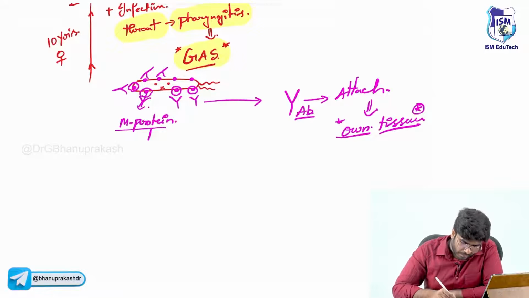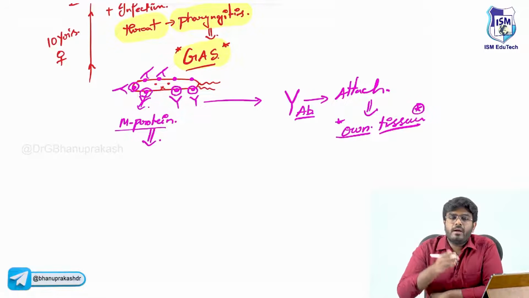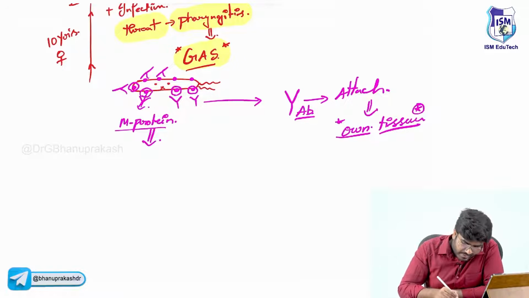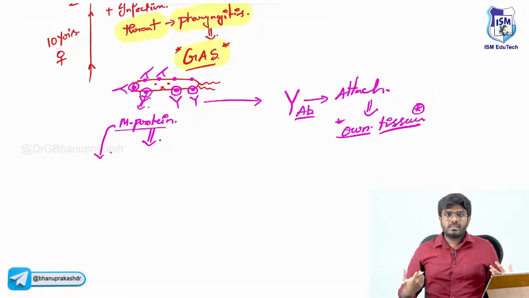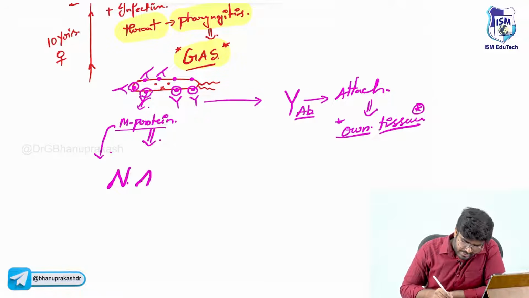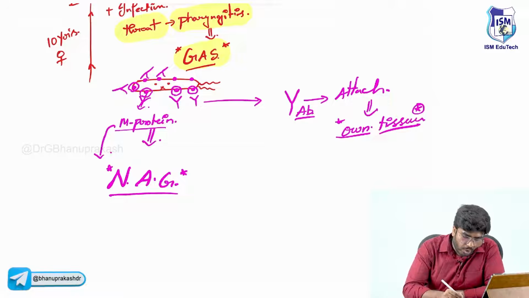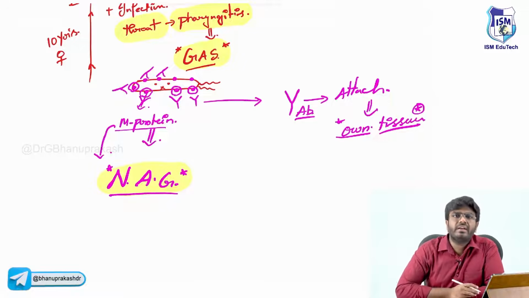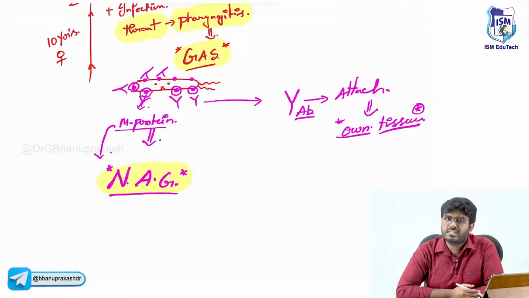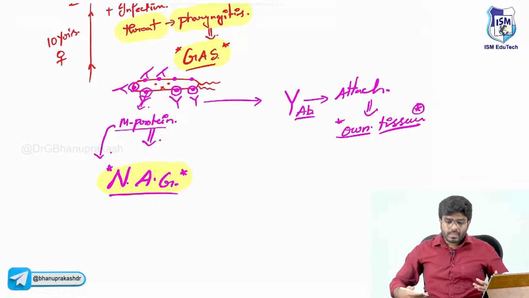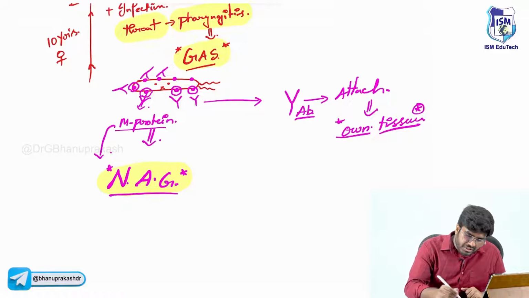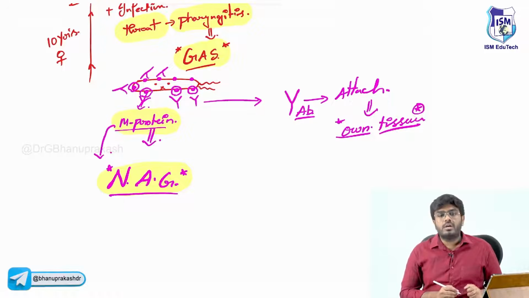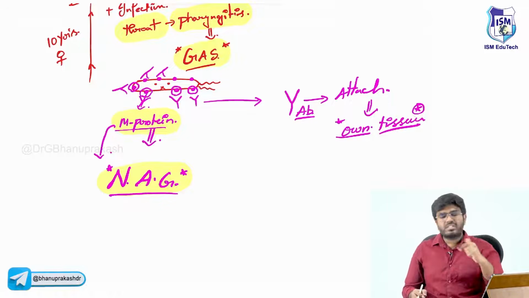Because this M protein present in the bacteria resembles N-acetyl glucosamine. In our every cell, there is this N-acetyl glucosamine present. The N-acetyl glucosamine and the M protein have the similar structure, the same structure. So these antibodies are confused. Our immune system is confused.